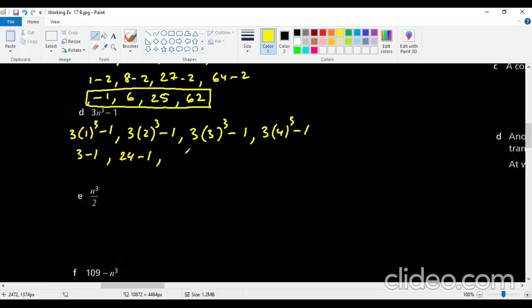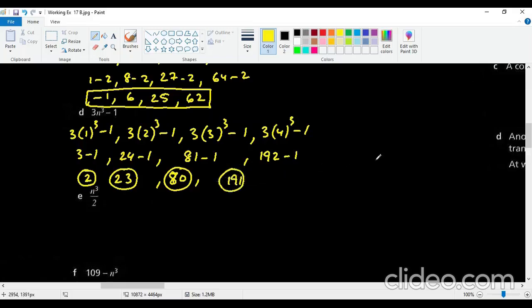And 64 times 3 is going to give you 192 minus 1. So first term is 2. Second term is 23. Third term is 80. And the fourth term is going to be 191. So these are the four terms that they need to know.